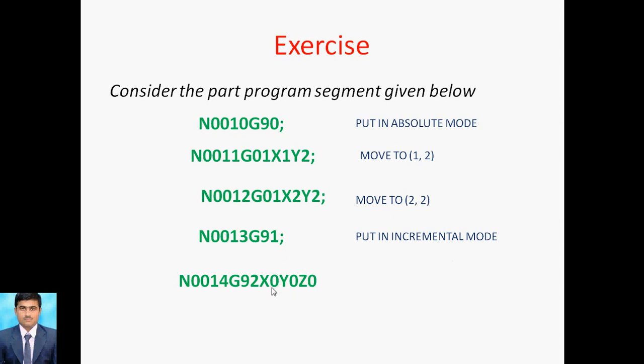Regarding X0 Y0 Z0, this value is to reset to 0. Next is the same, X0 Y0. Here if you mention G00, this is the rapid position.